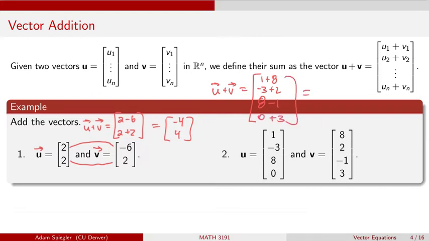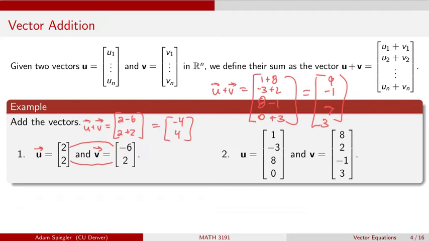Doing the arithmetic, 1 plus 8 is 9, that's a minus 1, this is 7, and then we have a 3. So the sum of these two vectors would result in something in R4, where the first entry is 9, minus 1, 7, and then 3.